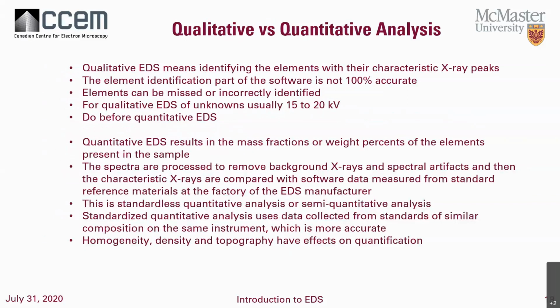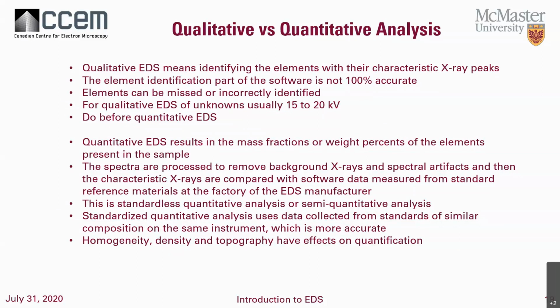Now, we have been talking about qualitative analysis, which is basically where we're just identifying the elements with the characteristic X-rays. So there's all the peaks that are there. One thing to always do is to not accept what the software is telling you.